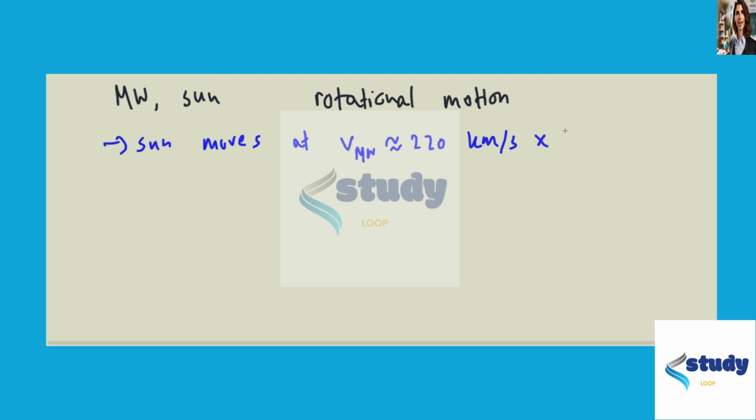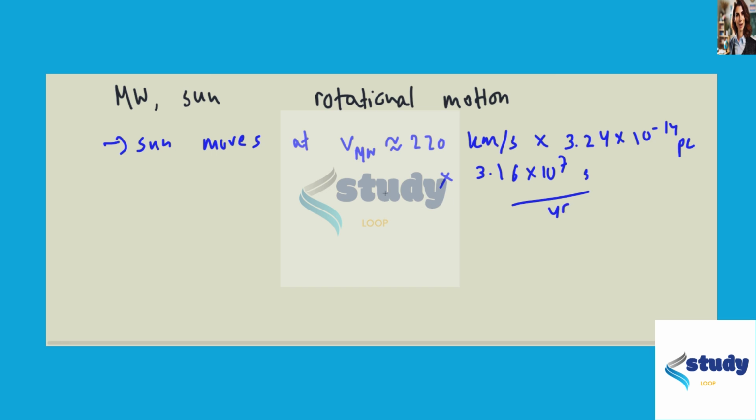Let's convert this to units which will make it easier to work with, to parsecs per second. So 1 kilometer is approximately 3.24 times 10 to the minus 14 parsecs, and a year is approximately 3.16 times 10 to the 7 seconds per year.